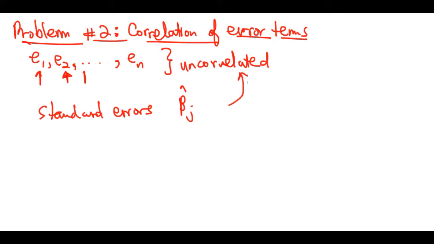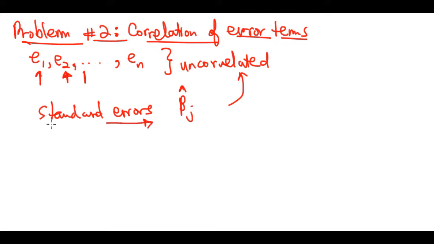Correlation will lead to narrower confidence intervals. It will affect our standard errors, and our standard errors are used in building confidence intervals. So correlation will lead to wrong standard errors.